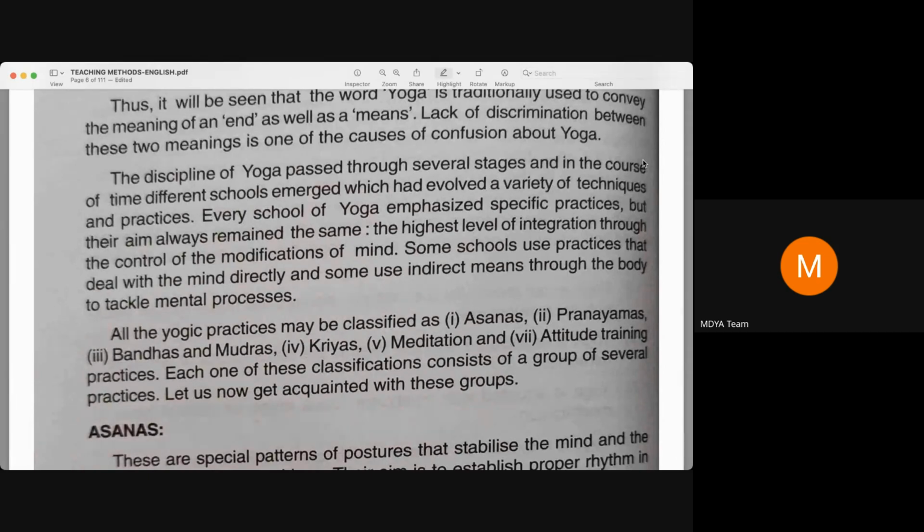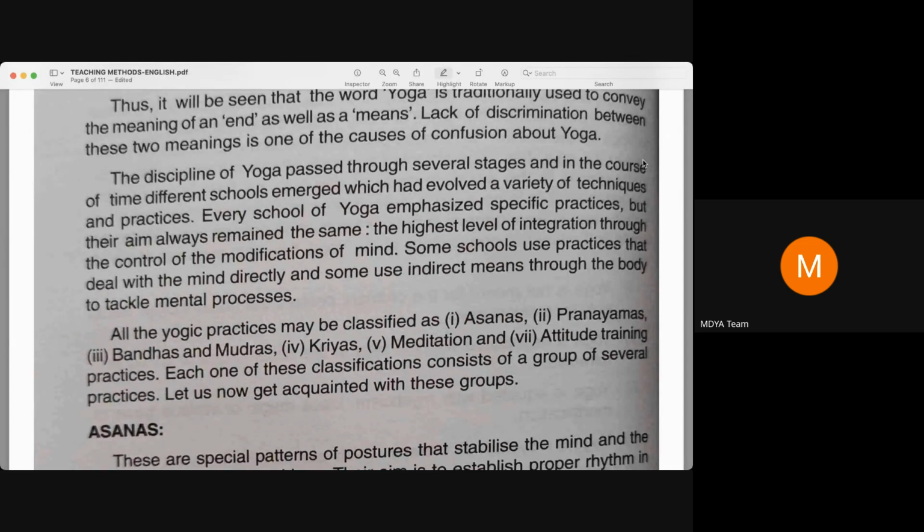So to strengthen your body, and to have control of your physical body and your mental body, there are certain practices. They are classified as asanas, pranayamas, bandha mudras, prayas, meditation, and attitude training practices.